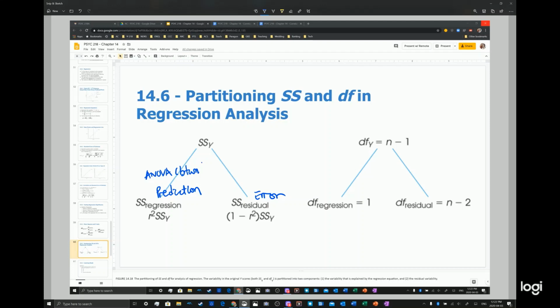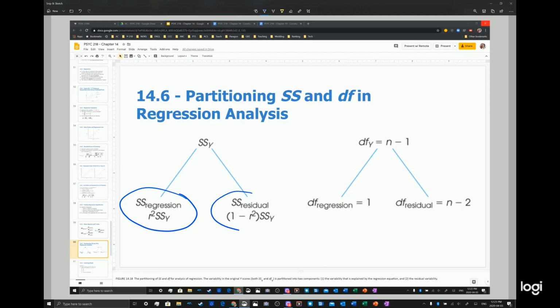Here, the quote-unquote treatment is our prediction, so for analysis of regression, the sum of squares for our predicted values would be sum of squares regression, because regression here is our prediction. The residual, what's left over, that's our error.